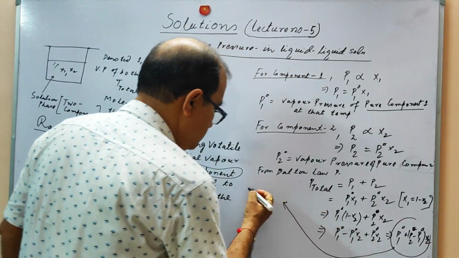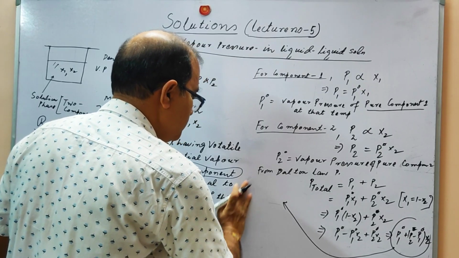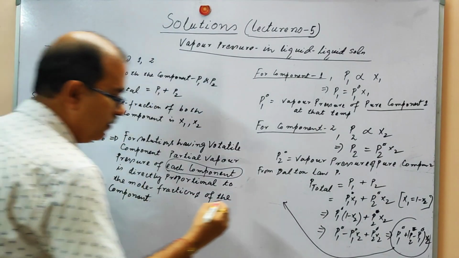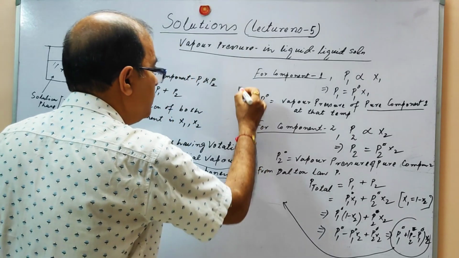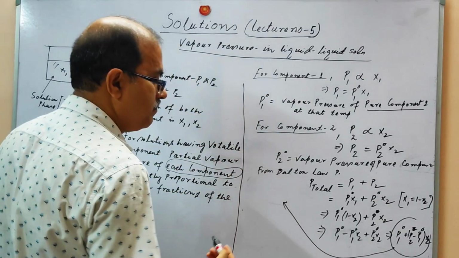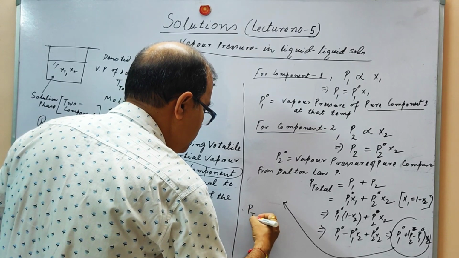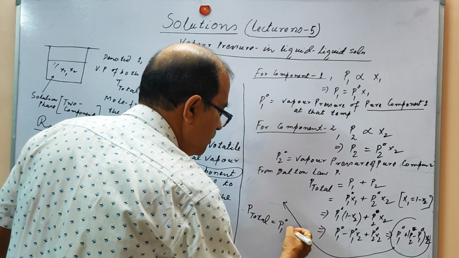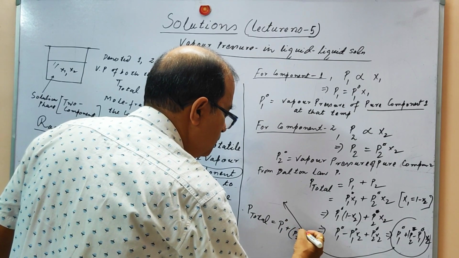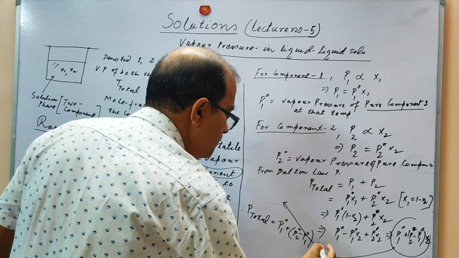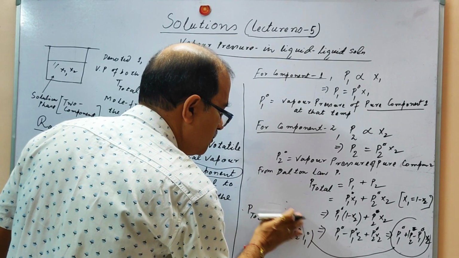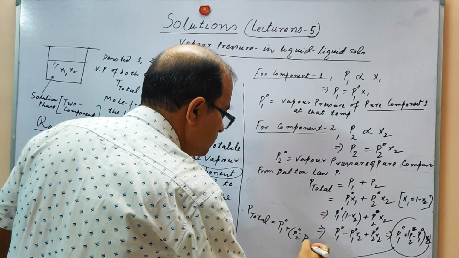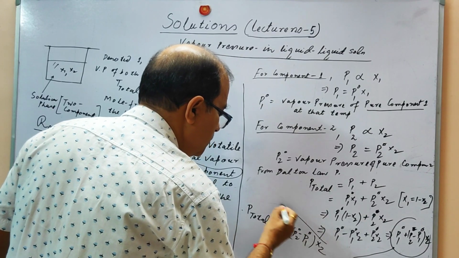We can write the total vapor pressure as P total is equal to P1° plus (P2° minus P1°) into x2.